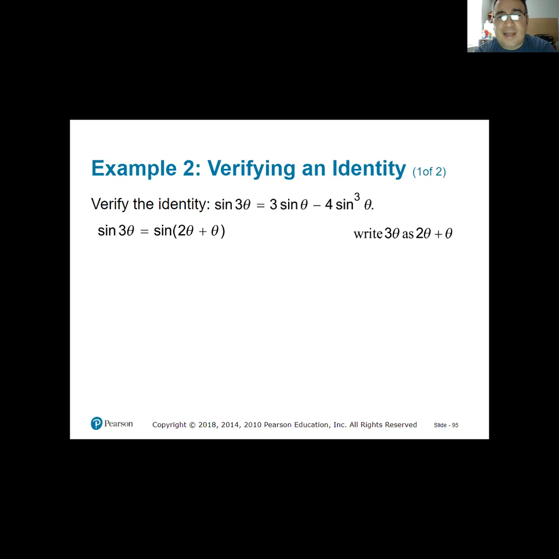So that's step 1, and that's the hard step. After here, it gets pretty easy, but you have to recall a lot of stuff. Do you remember when you had sine of alpha plus beta? Now we have sine of 2 theta plus theta. What was sine of alpha plus beta?